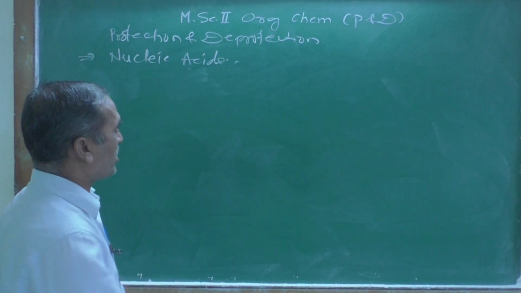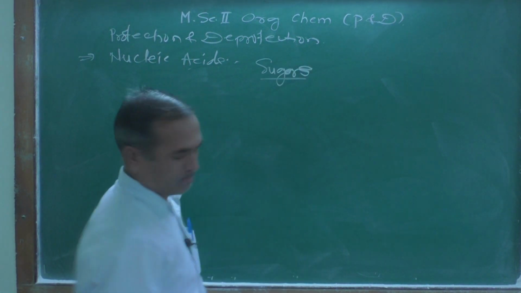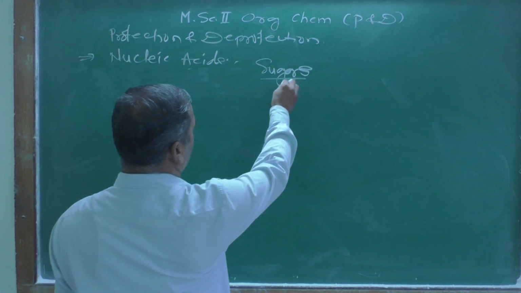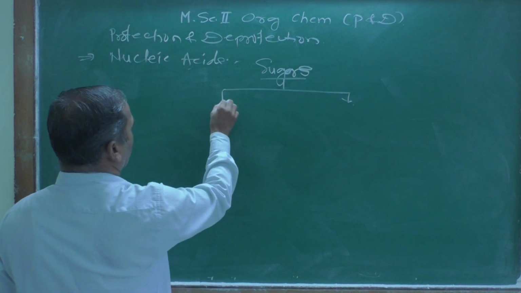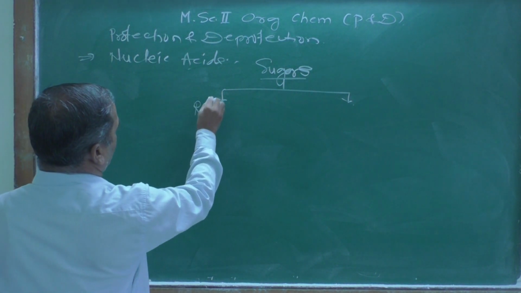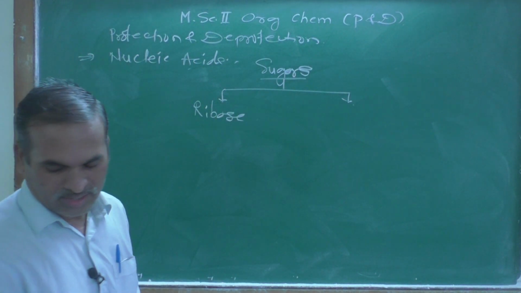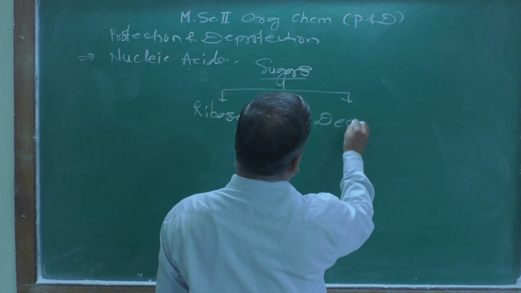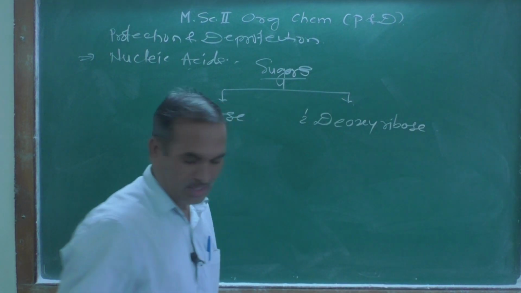And now let us look at the sugars. There are two types of sugars present. First one is known as ribose, and the second one is known as 2' deoxyribose.